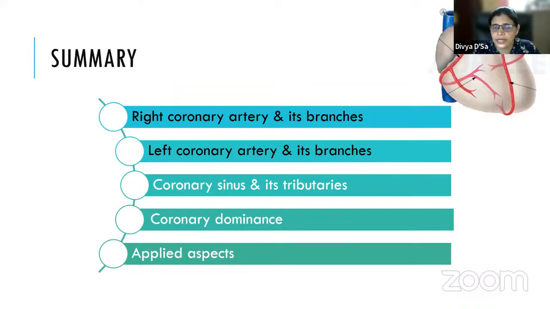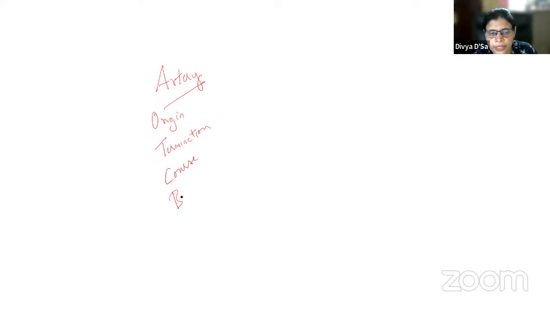Right coronary artery, what are its branches? Left coronary artery, the origin. Any artery, when you write, always remember to write under the following headings: origin, then the termination where it ends, then its course, then branches.